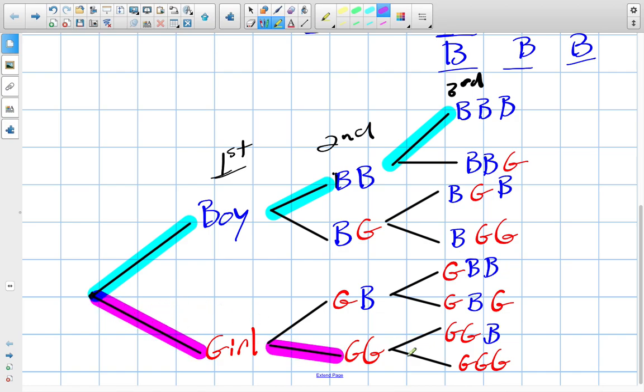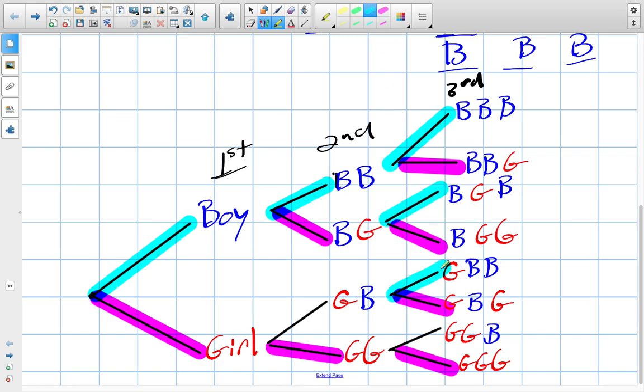So visually, we can help figure out this route by coloring in our line. Any line that's going down, I'm going to color this reddish, maroonish, purplish color. That's going to be girl. And any line that is sloped upwards represents a boy.